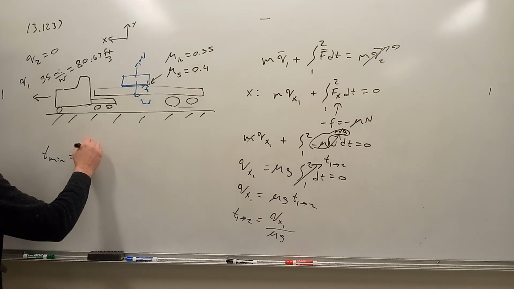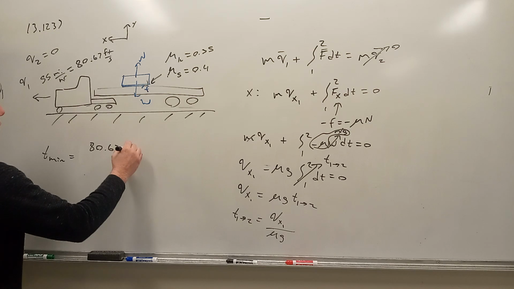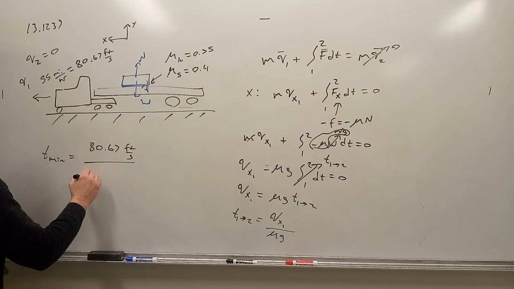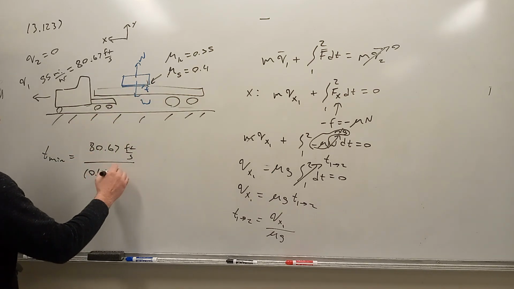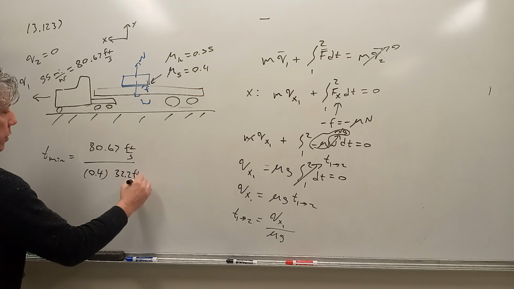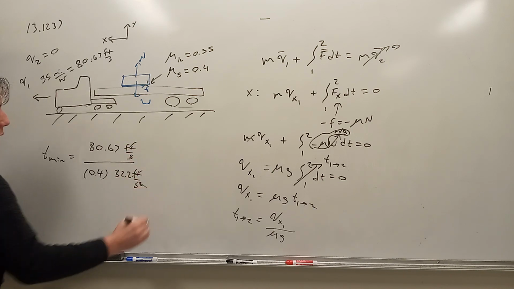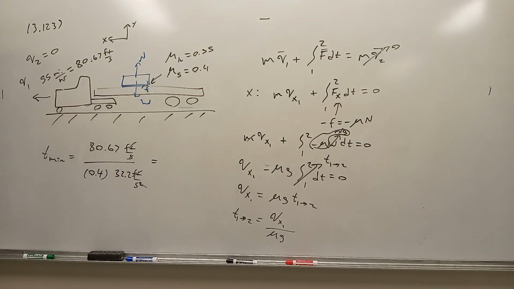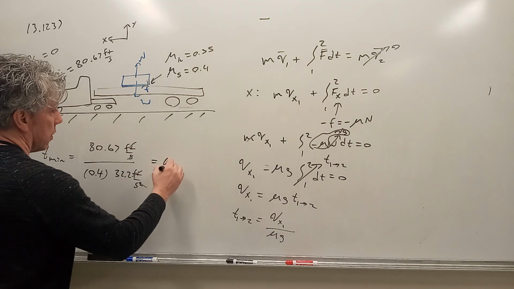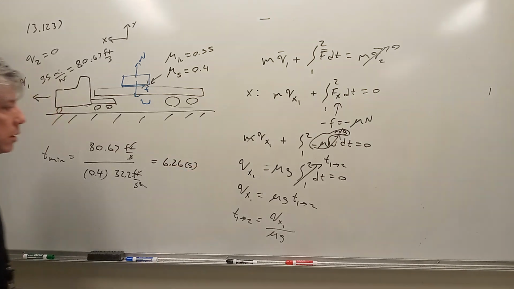So V_x1, 80.67 feet per second divided by 0.4, the static coefficient, times g, 32.2 feet per second squared, gives us how many seconds it takes to bring this package to rest. 6.26. Thank you. So that's how long it's going to take to go to rest if we don't want this package or this load to slip.